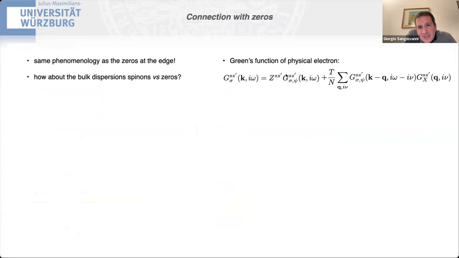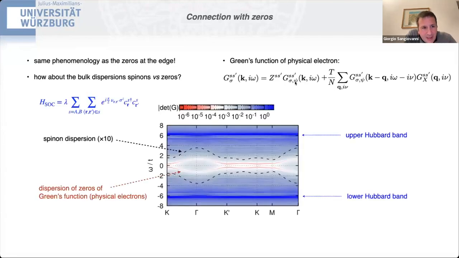To get to the zeros, we have to perform a convolution between the rotor and the spinon Green's function, and if one does that in the bulk for different values of the spin orbit coupling lambda, one has a picture like this. So we have upper and lower bands.